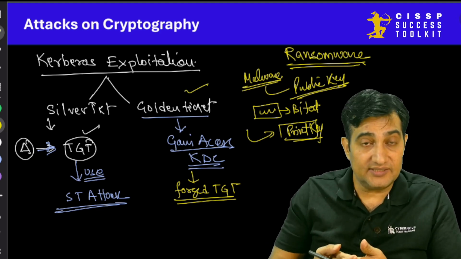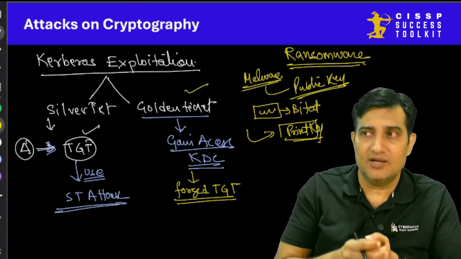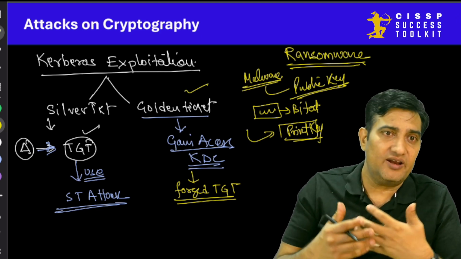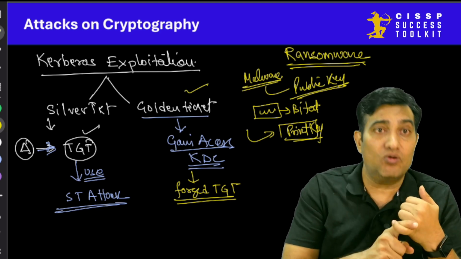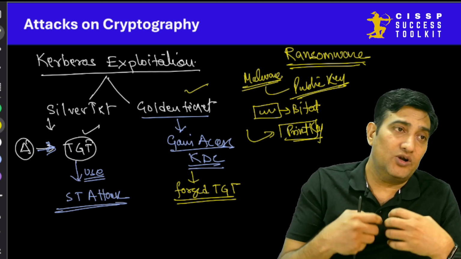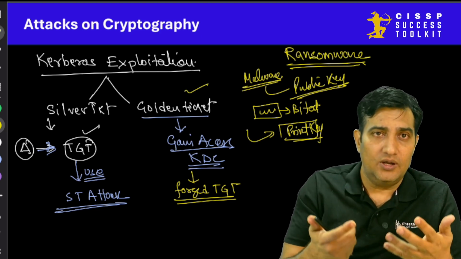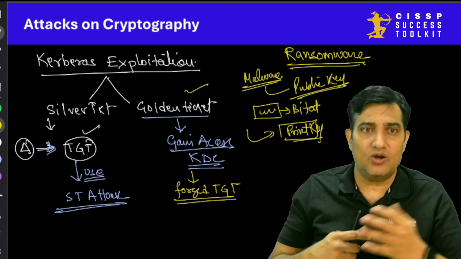Now the good part is that whenever ransomware attacks happen, companies are getting more and more aware. They are keeping offline copies of the backup, and multiple copies of the backup, which is a good thing. There are some very good websites doing a lot of research on all new ransomware, and most ransomware can be decoded nowadays.